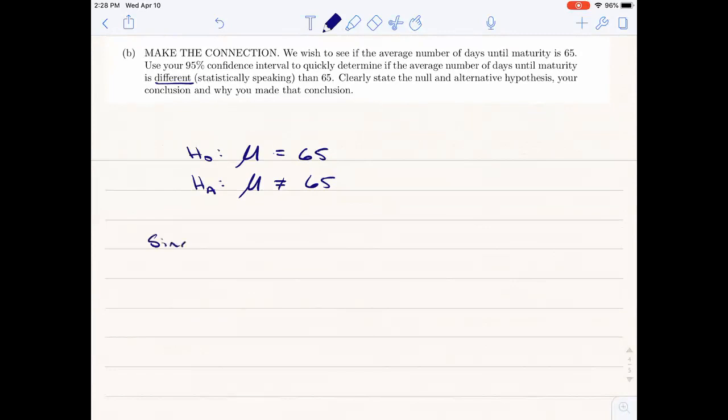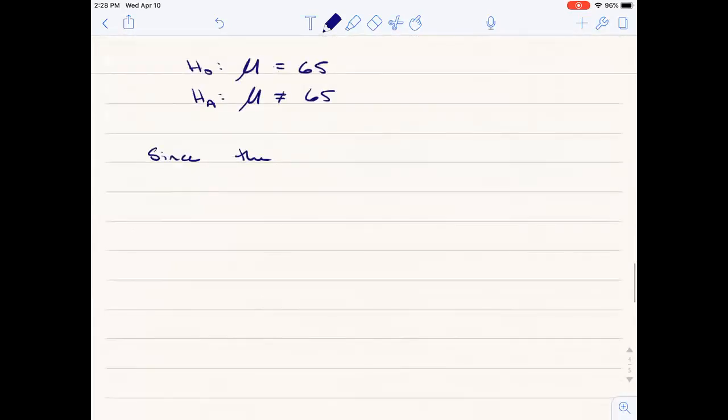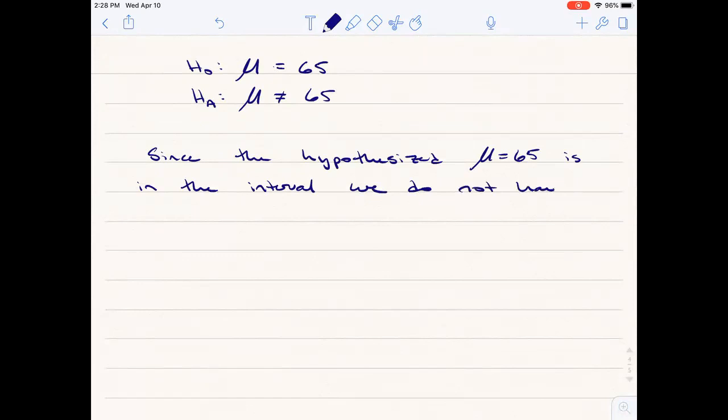So what we say is that since the hypothesized mu equal to 65 is in the interval, we do not have enough evidence to reject H naught.